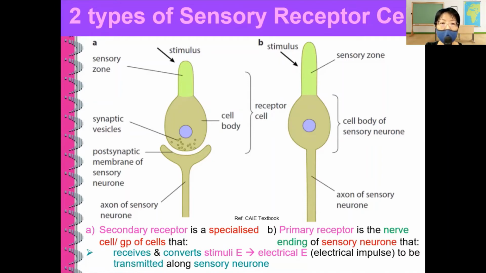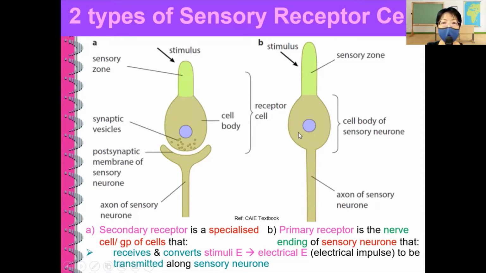It is a specialized cell that can detect the stimulus and also carry out the necessary action like transduction, as well as stimulating the neighboring sensory cell to start to send electrical potential. So this type of cell is called the secondary receptor cell. It's a specialized cell, or it can be a group of cells.